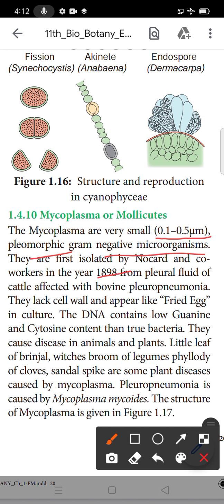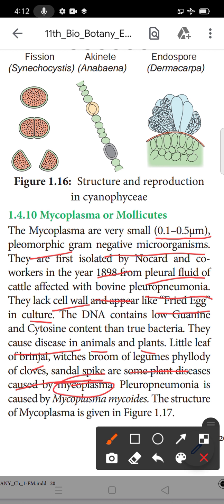They lack a cell wall, the outer layer is absent, and colonies appear like a fried egg in culture. The DNA contains low guanine and cytosine content. They cause disease in animals and plants, such as little leaf of brinjal, sandal spike and some leguminous plant diseases.